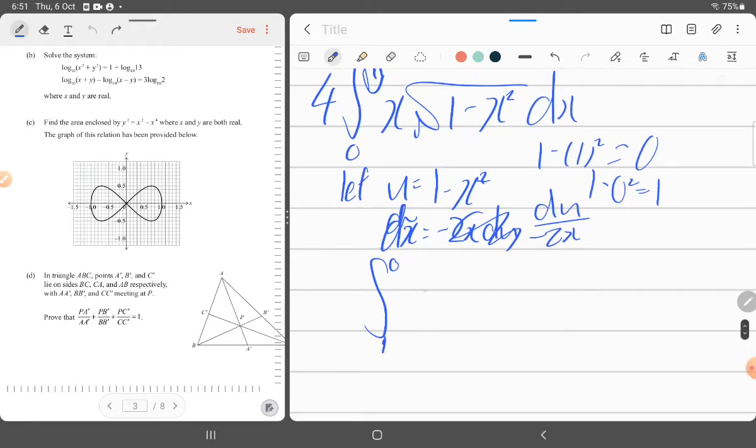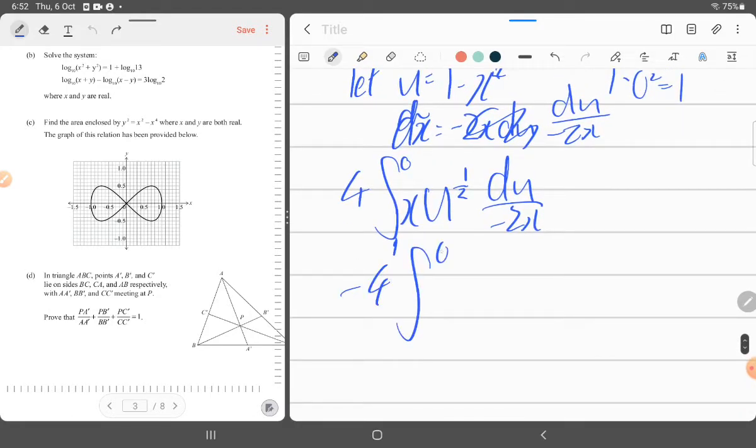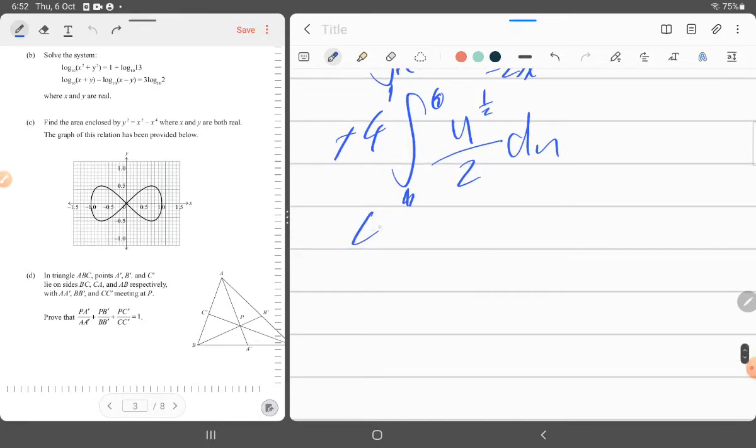So 4 times the integral from 1 to 0 of x times u to the power of half du over negative 2x. These cancel out, so negative 4 integral of u to the power of half over 2 du. We can flip the limits if we take the negative away.